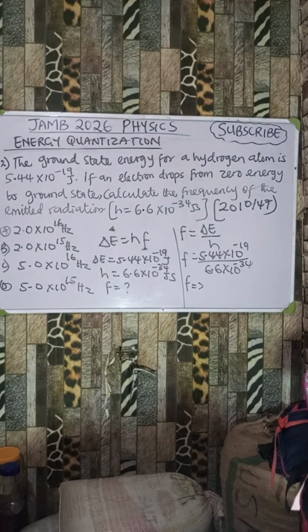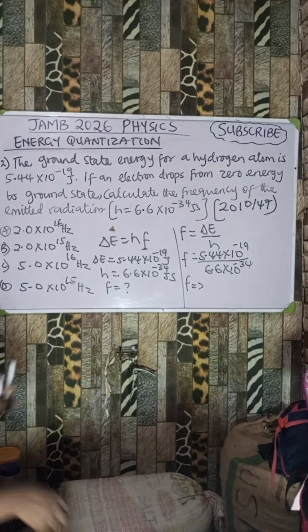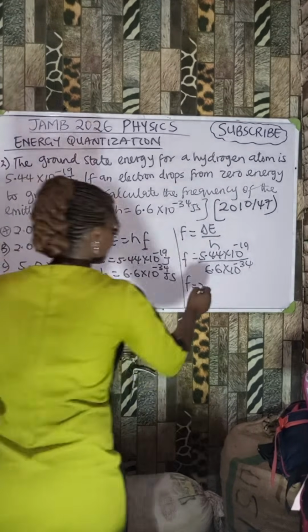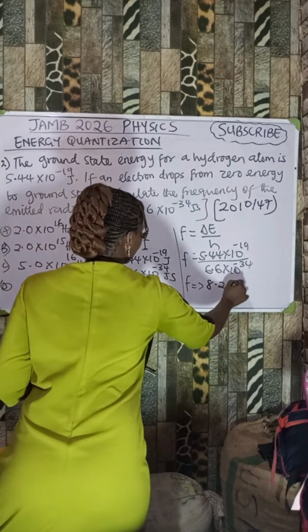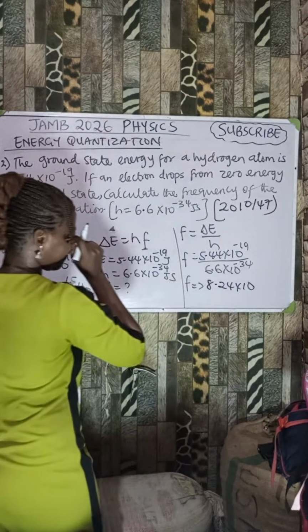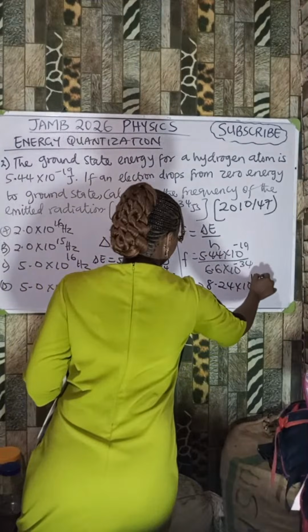I've not worked on the power yet, so that was when I realized that the answer is not here. Okay, so please check what I wrote. I got the question from 2010, question 47. Please check. I'm using Prep 50 and I just copied what I saw there. This should be an error. Okay, so the answer is 8.24 times 10 to the power of what? 14, I think so.